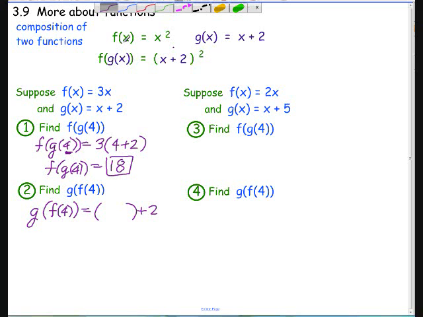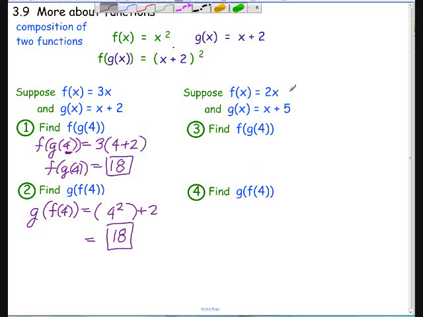And what is the input? It's function f, which is x squared, and our x is 4, so it's 4 squared. What's the value here? 18. Oh, that's interesting. Turned out in this case to be exactly the same. 18.